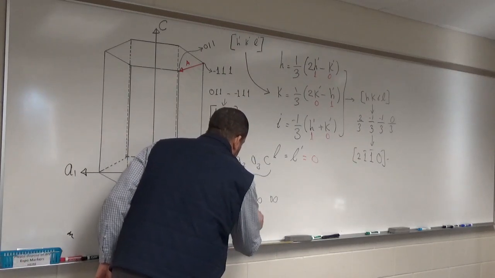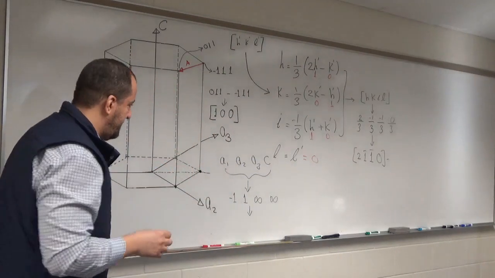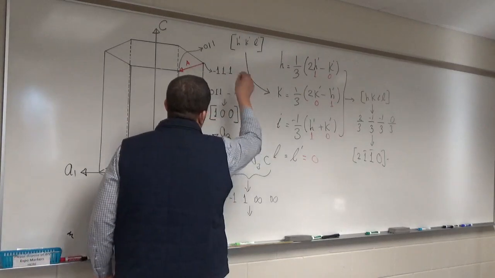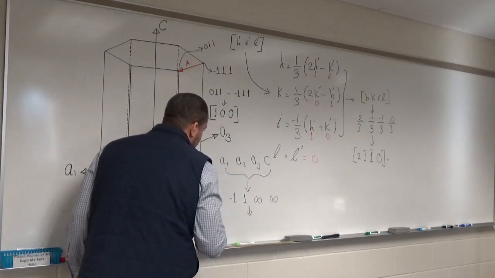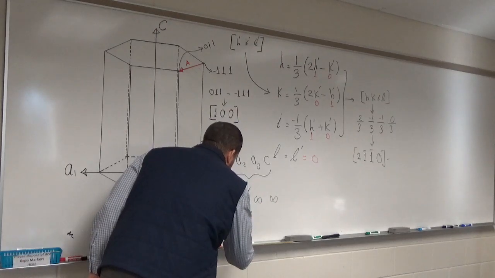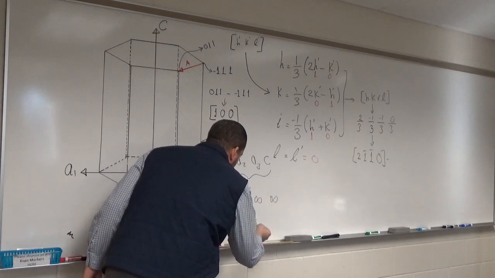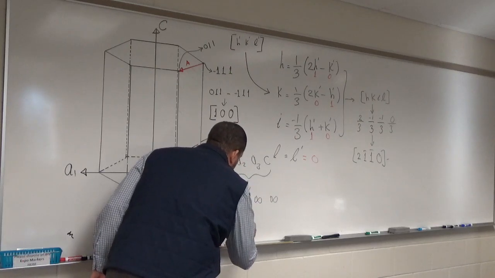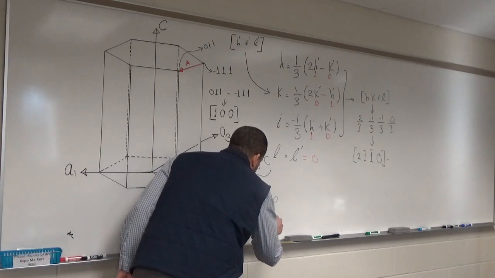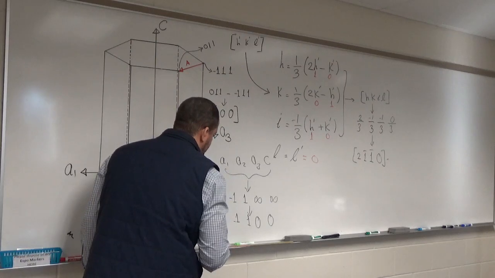So now we just need to get the reciprocal, the same thing that we did with three-dimensional Miller indices in the cubic system. So we have -1, and 1/1 will give me 1, and 1/infinity will give me 0, and this will give me another 0.